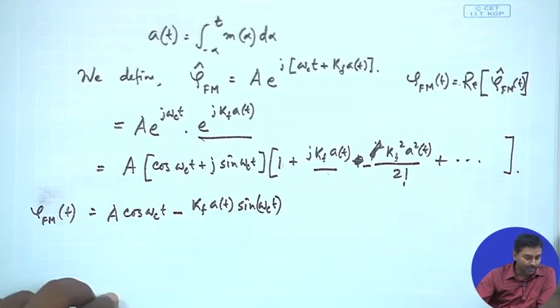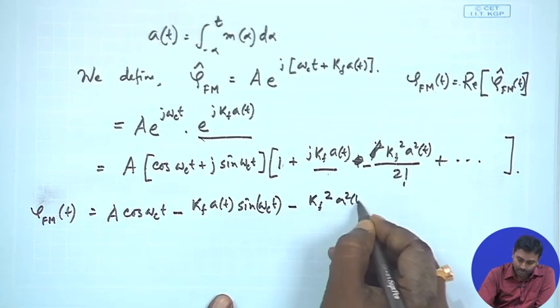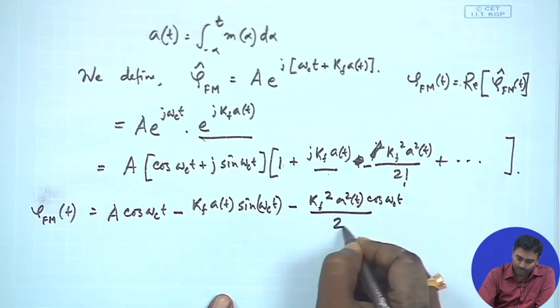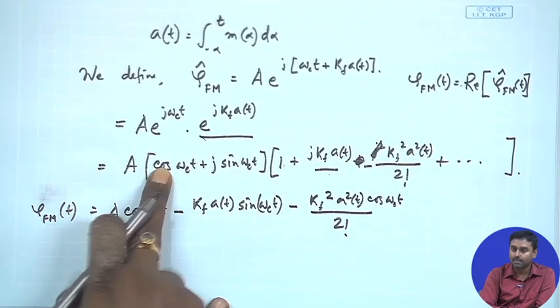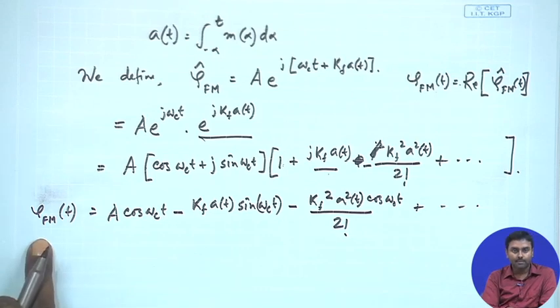There will be other terms like minus Kf square a square(t) cos omega_c t divided by factorial 2, this multiplied by this, and it will just continue, as many terms as there are which are free of j, all the real terms. So, that must be phi FM.